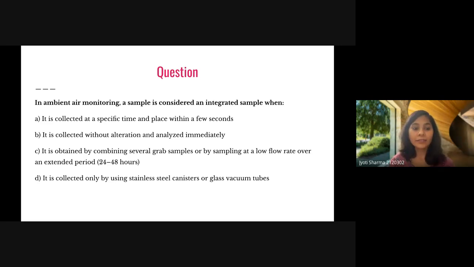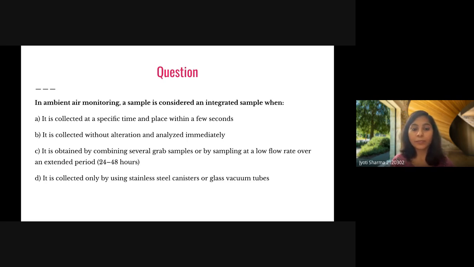It is collected without alteration and analyzed immediately. It is obtained by combining several grab samples or by sampling at a low flow rate over an extended period, 24 to 48 hours, and it is collected only using a stainless steel canister or a glass vacuum tube.